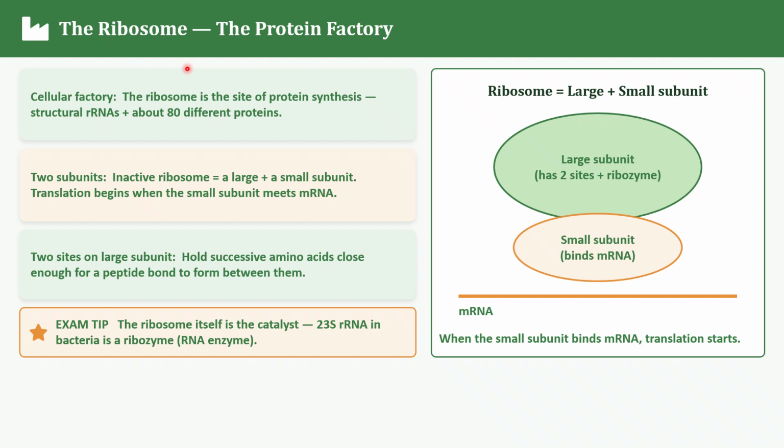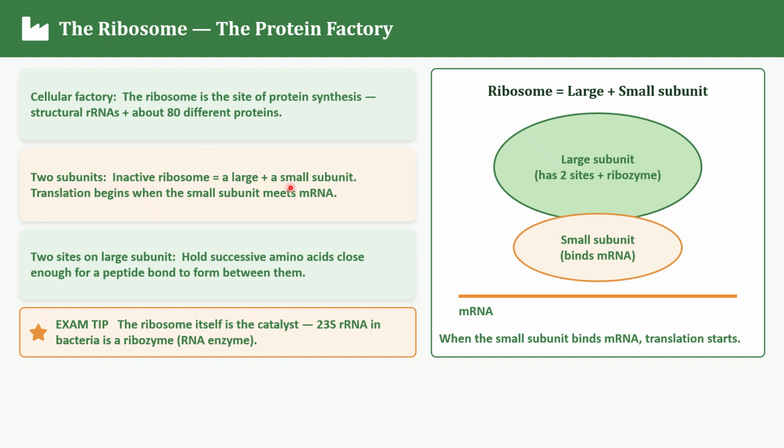The answer is very simple: it occurs in the ribosome. The ribosome is the cellular factory responsible for protein synthesis and consists of structural RNA and about 80 different proteins. When inactive, the ribosome exists as two separate units.